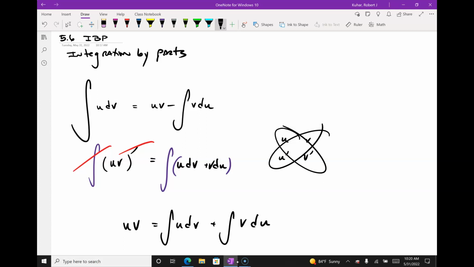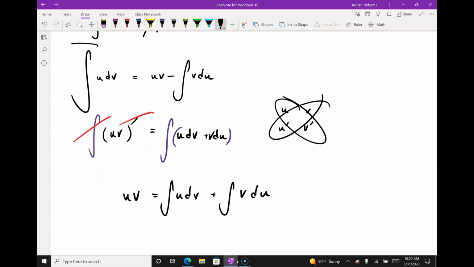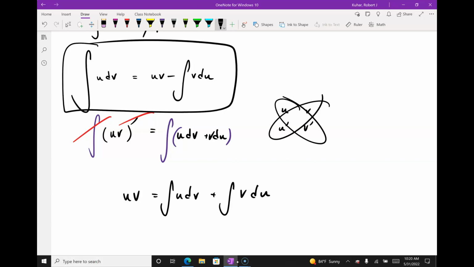Now here's the thing. I have to pick the part for u and the part for dv.